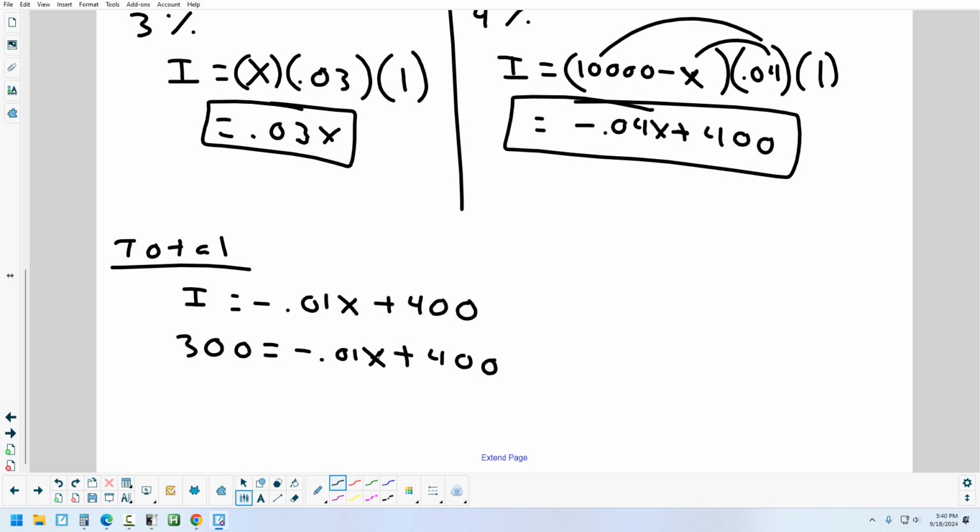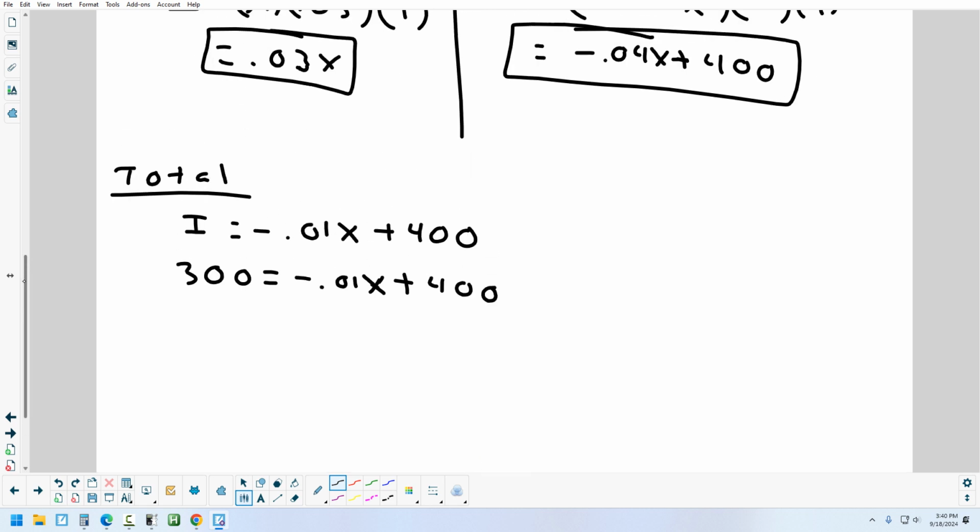What would be our first step to get x by itself there? Subtract 400 from each side. So when we subtract 400 from each side, 300 minus 400 leaves me with negative 100 equals negative 0.01x. And my last step, divide by negative 0.01.